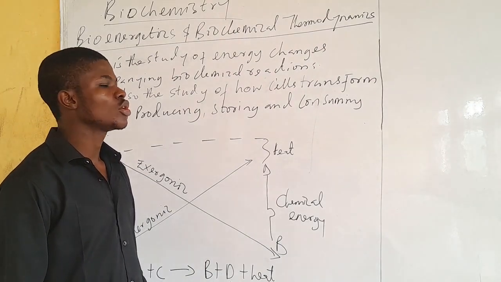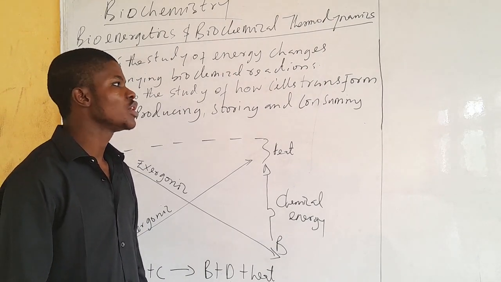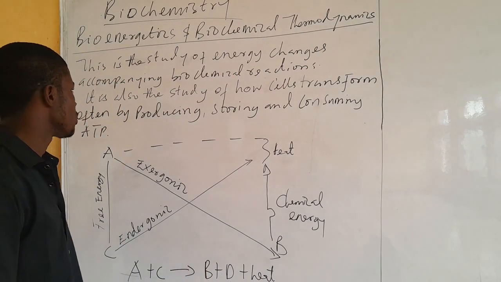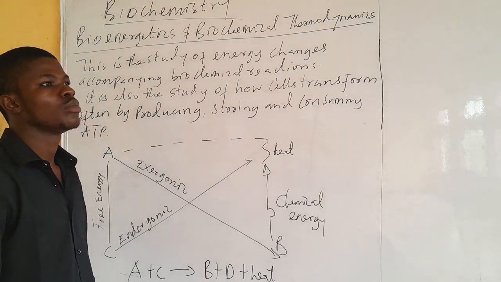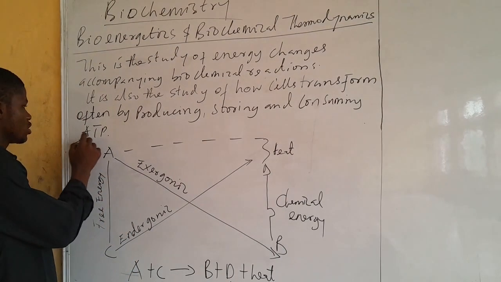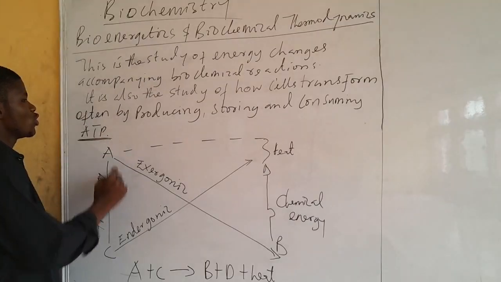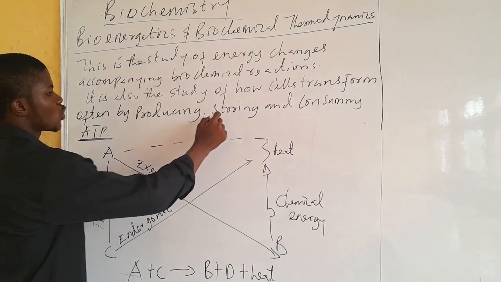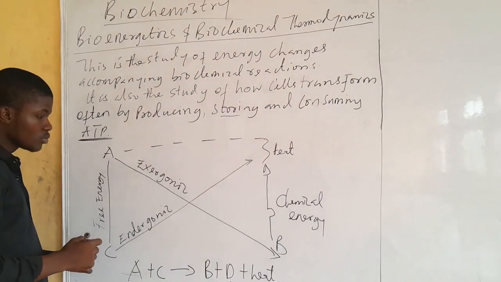So, in the study of bioenergetics, we study how cells transform by producing ATP, by producing energy, ATP, a form of energy, adenosine triphosphate, by producing ATP, storing ATP, and consuming what? ATP.